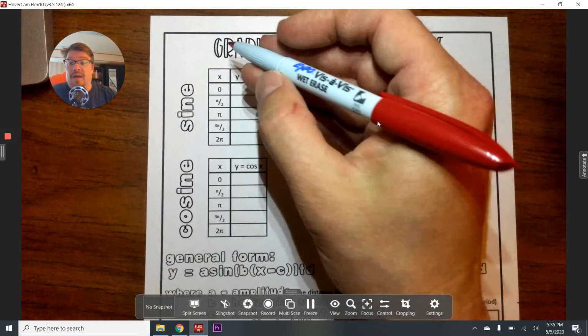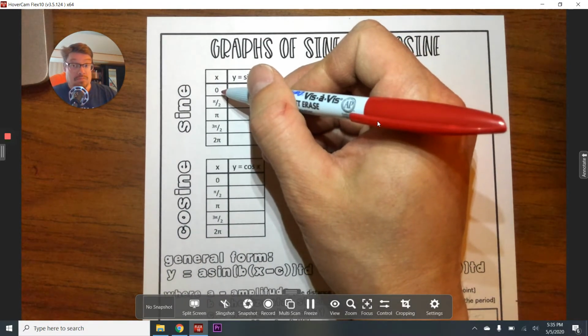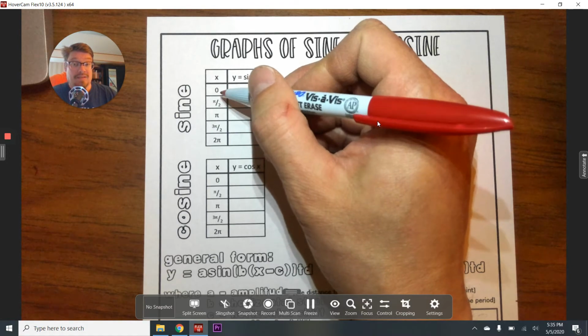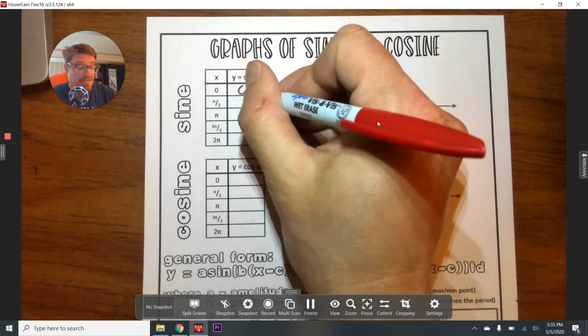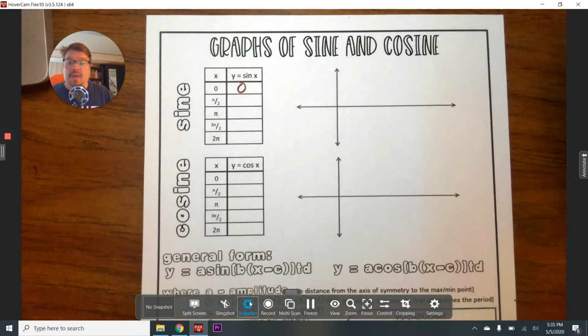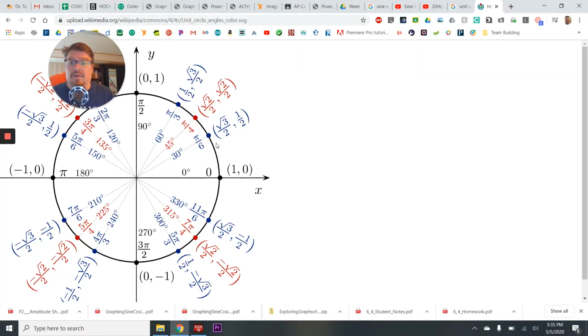If I were to look at the y coordinate at 0, okay, when the angle is 0, then the y coordinate is actually 0 as well. Let me just stress that right there. At 0 degrees, the y coordinate is 0. All right.